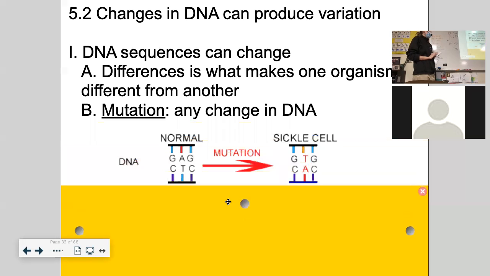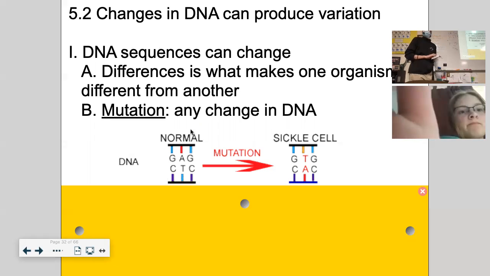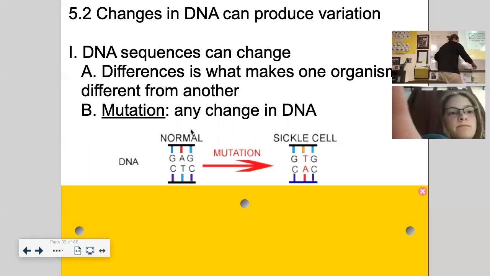So here I have an example. If the normal sequence is supposed to read GAG, and this is the other side that matches complementary, if we have a mutation where the A turns into a T, it can mess up your red blood cells. Normal red blood cells look like a donut. I'll draw a picture of a donut here.